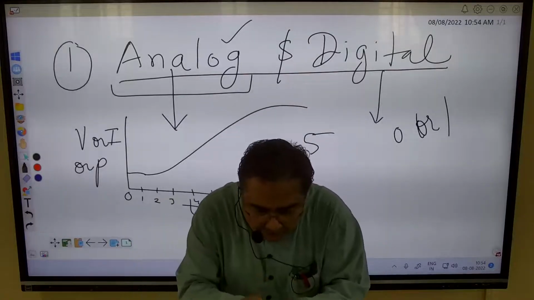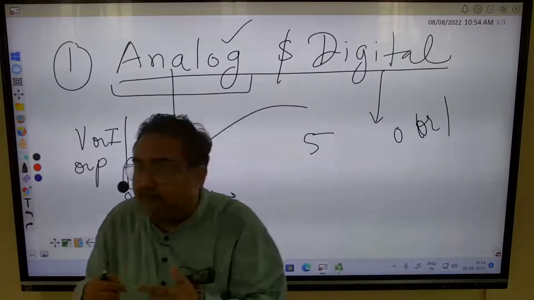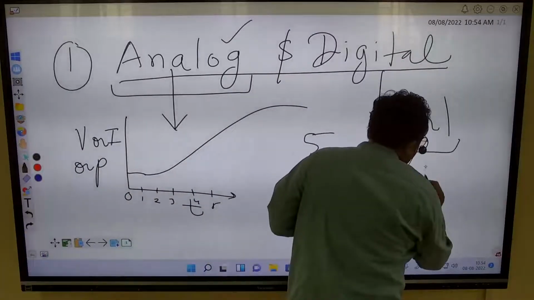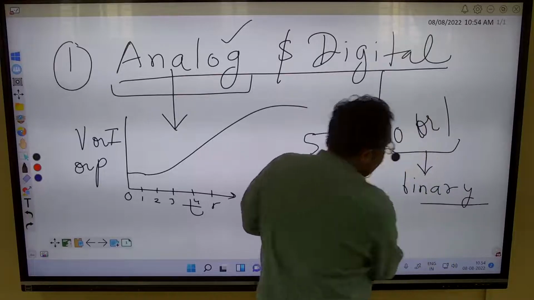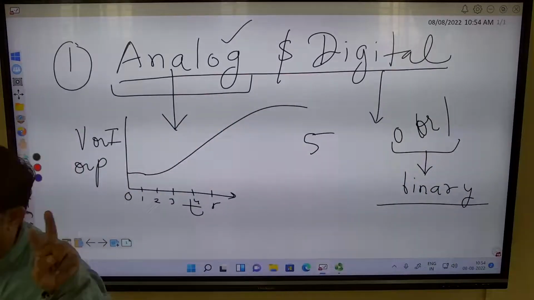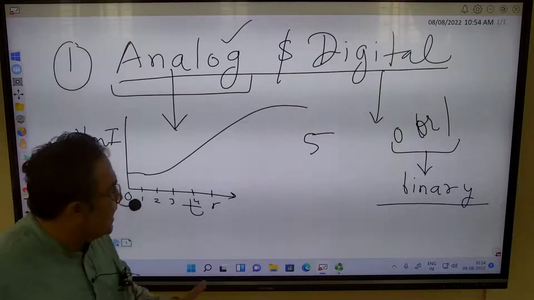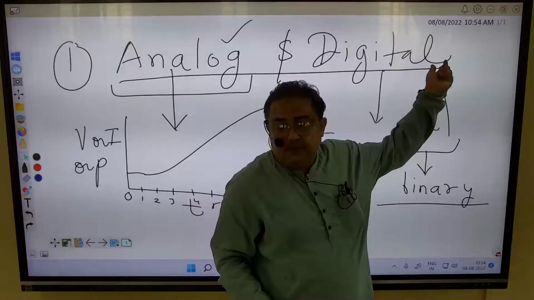Whatever you type as input is converted into binary numbers. Binary means two digits only, 0 and 1. So in the processor, every input data, whether alphabet or numerical value, is converted into 0 and 1, and therefore that signal is called a digital signal.